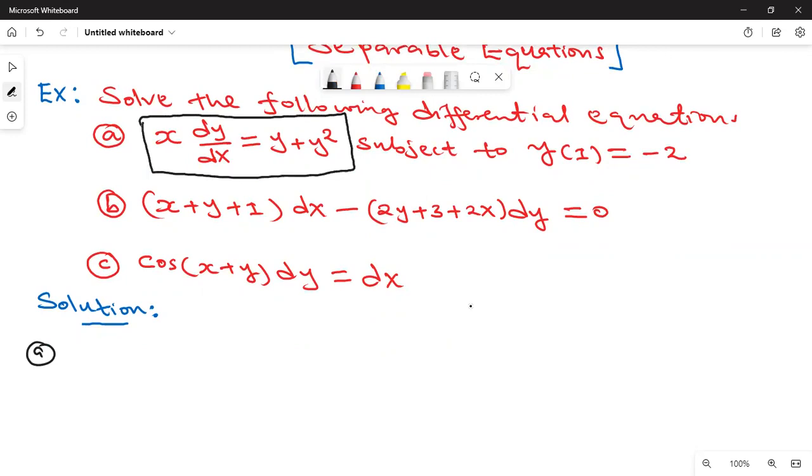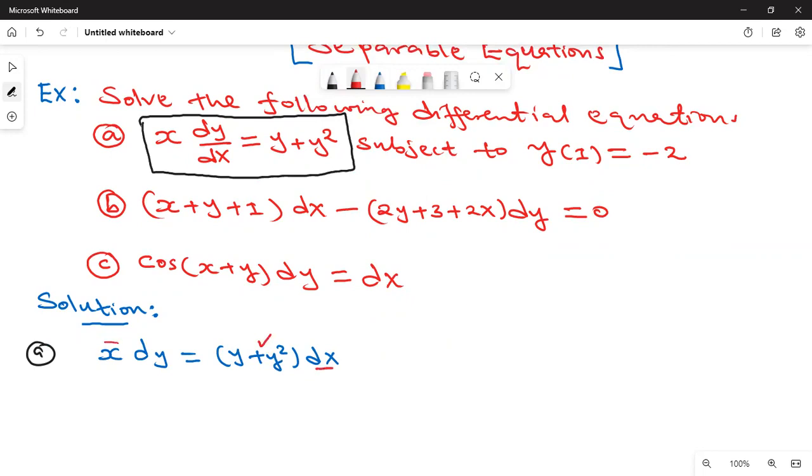So when I multiply through by dx, I'm going to get x dy is equal to (y plus y squared) dx. I have multiplied the equation by dx. Now you see I can divide, because I want to get rid of y plus y squared from here, because here I have dx.